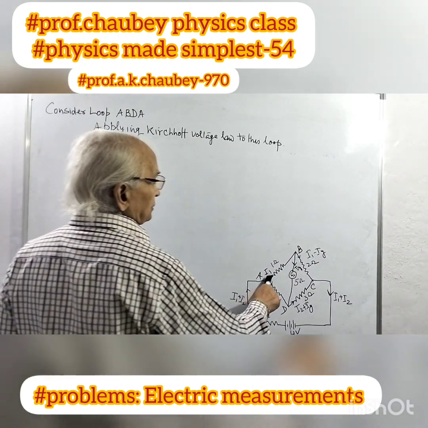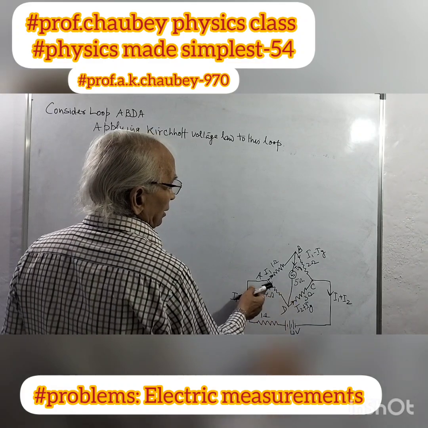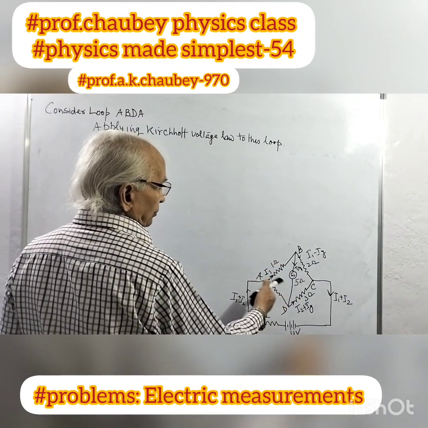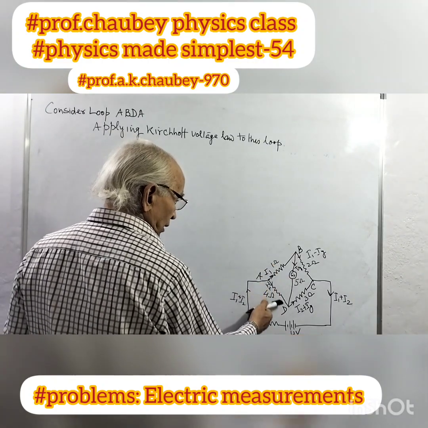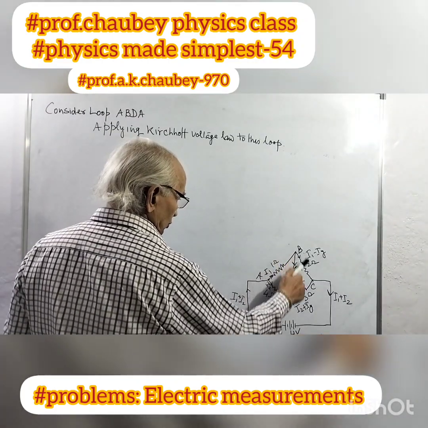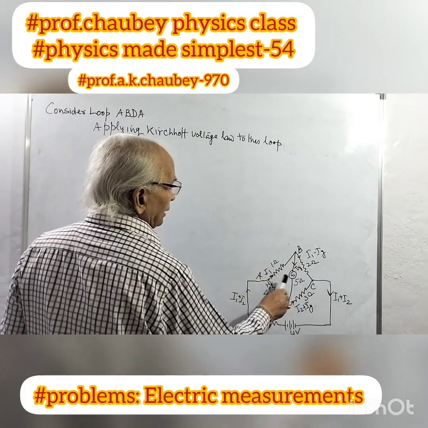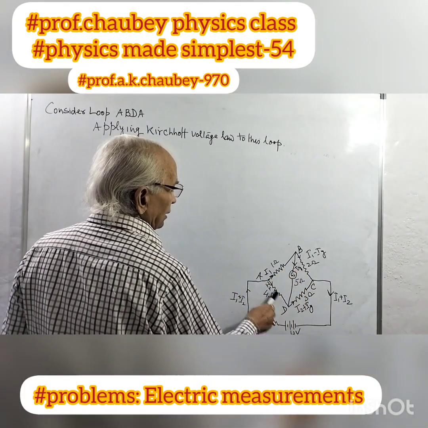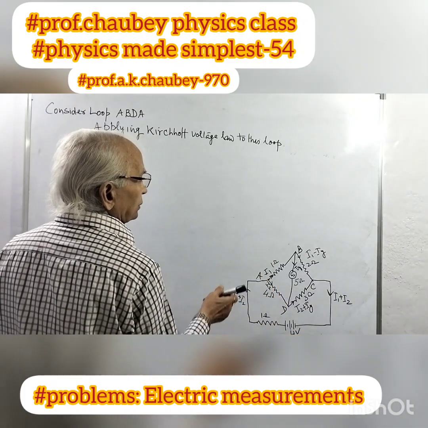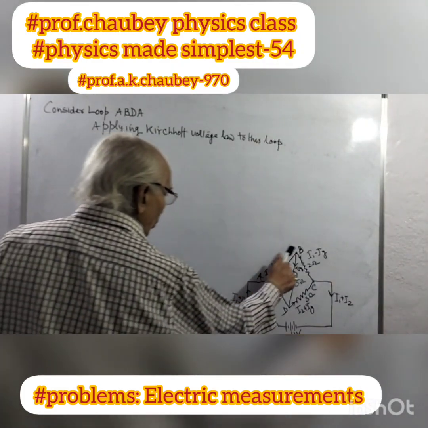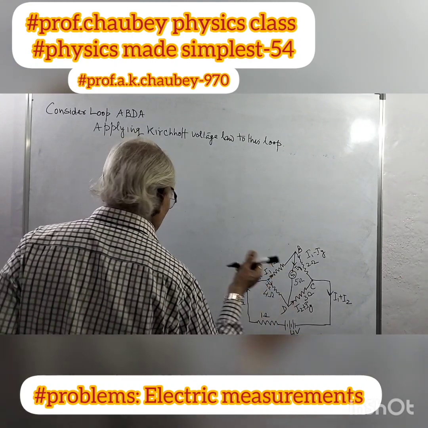When we take this current or this current, say anti-clockwise or clockwise, I take one as the plus direction because both are opposite. Here this goes like this, and this goes like this. So we start, say, clockwise, then we take the IR drops like this, minus, and this is opposite. Here there is no voltage source, so that is 0.